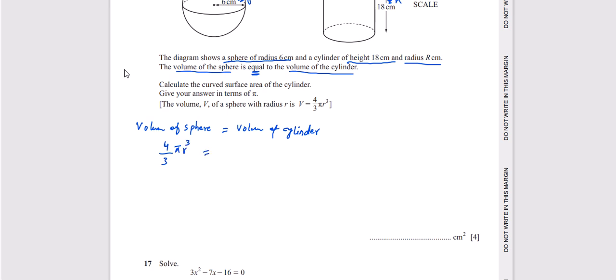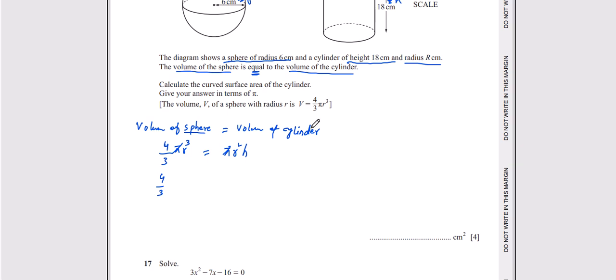Volume of cylinder is pi r square into h, and 4 by 3 is same. This pi cancel with this pi. The remaining is r. Here is a sphere. The radius of sphere is equal to 6.